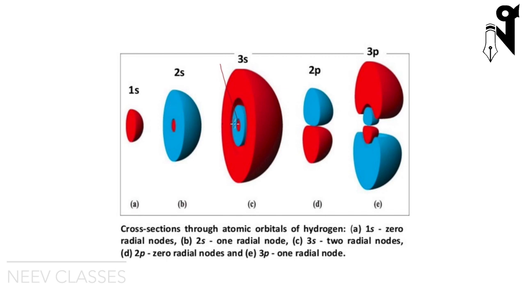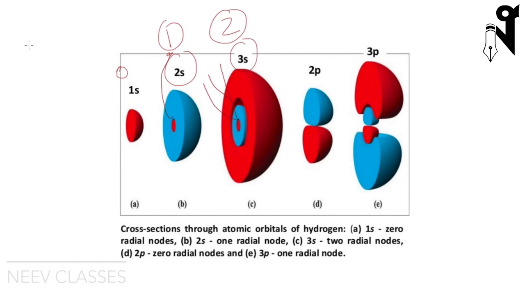That means a no probability region. Between the red and the blue there would be one over here, and between the blue and the red again over there. So we are getting 2. In this we have got 2 radial nodes. For 2s we have got 1 radial node, that is over there, and for 1s there is 0 radial node.